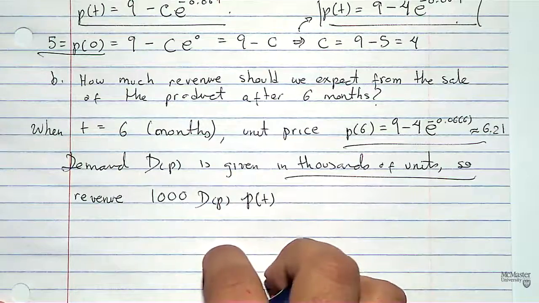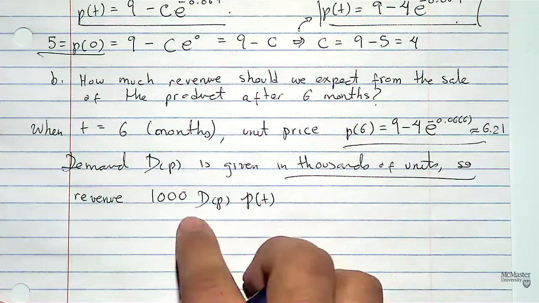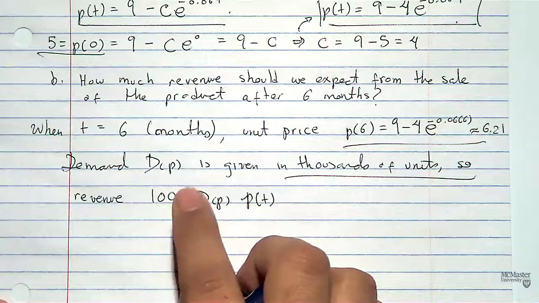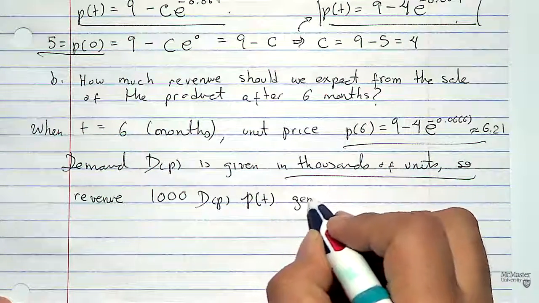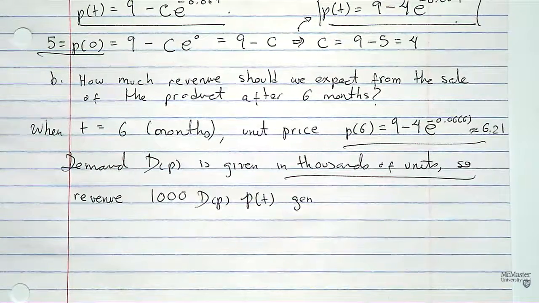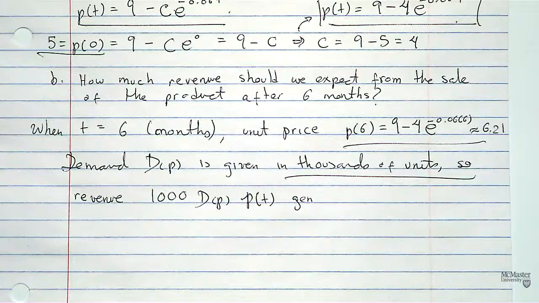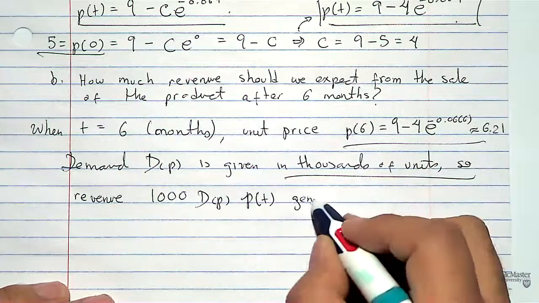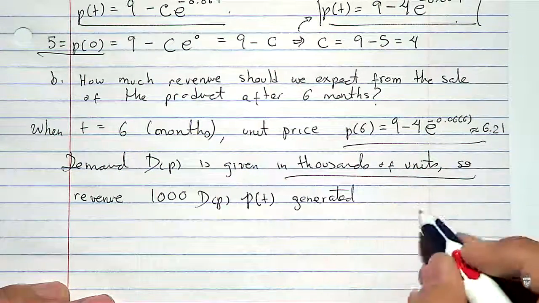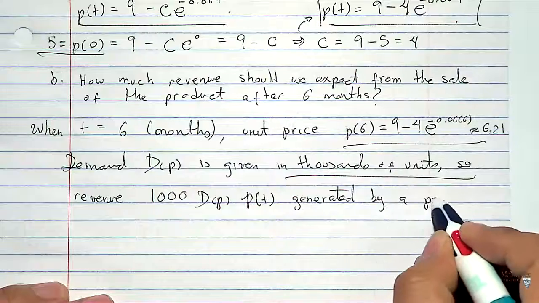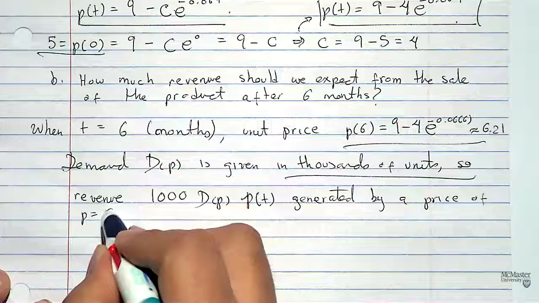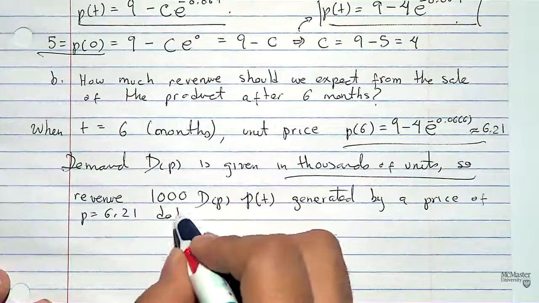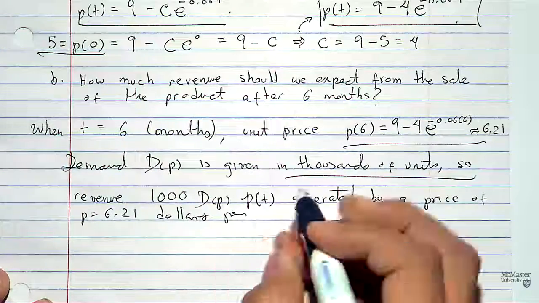So you have the demand times the unit price, and then converting with the 1,000 factor, okay? Generated by a price of P equals $6.21 per unit.